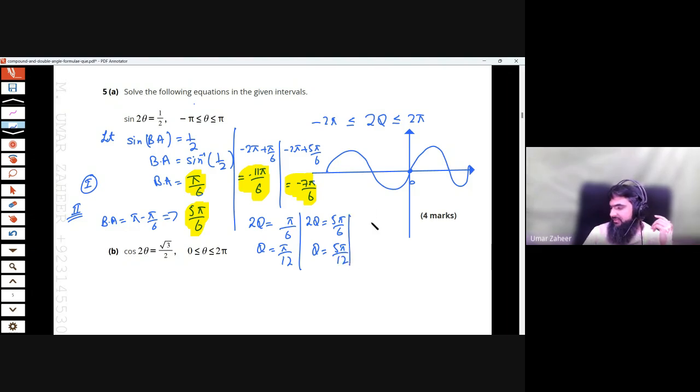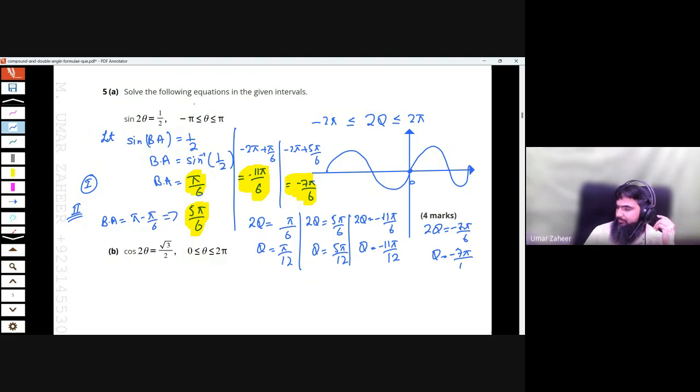Next, 2 theta is equal to minus 11 pi over 6, so theta is equal to minus 11 pi over 12. And 2 theta is equal to minus 7 pi over 6, so theta is equal to minus 7 pi divided by 12. So these are my final answers.